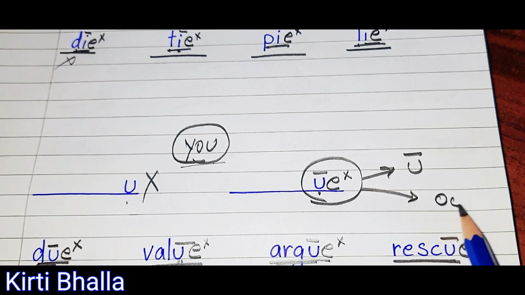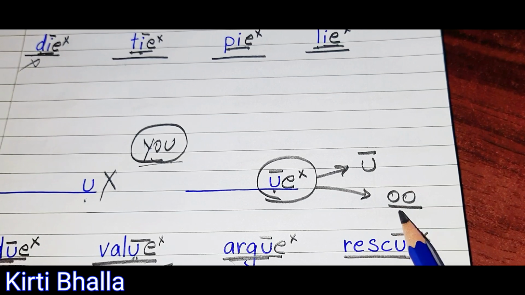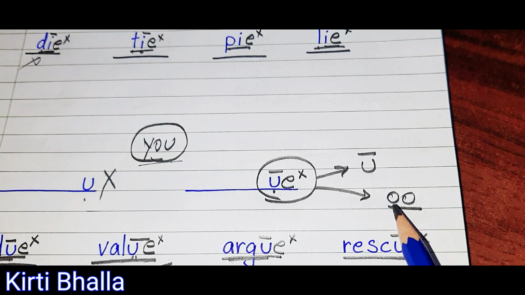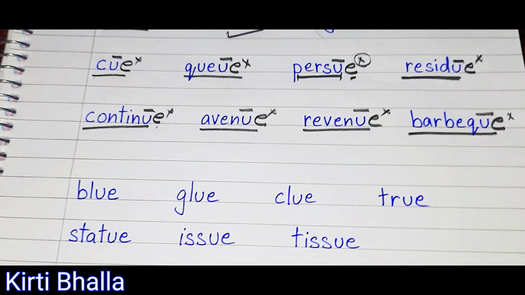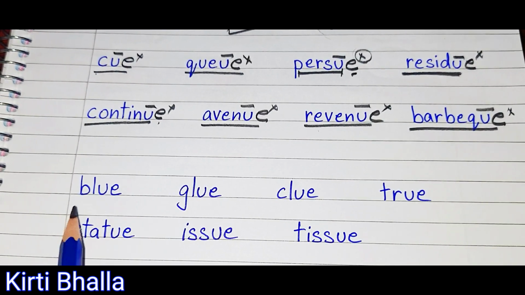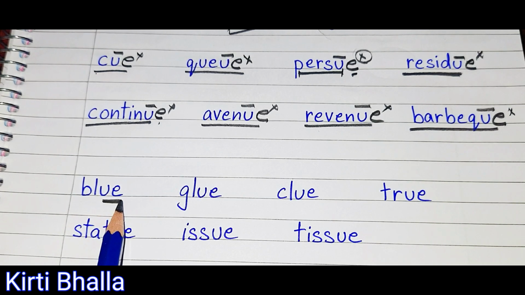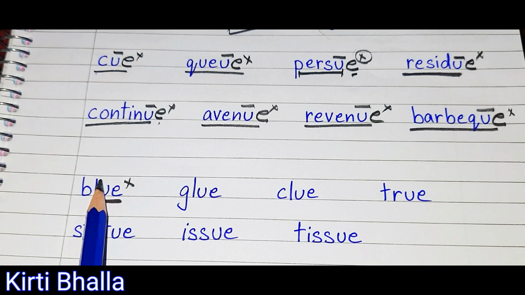Sometimes it gives you OO sound also, OO. And very sorry, there is no logic, no trick when letter U gives you U sound and when it gives you OO sound. So look at a couple more examples. In these examples, you can see UE at the end and the last E is definitely silent and we don't read the U sound here.